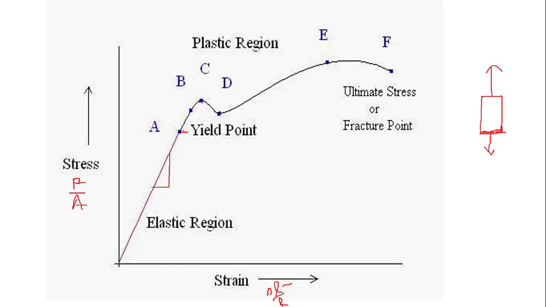A point is the proportional limit, B point is the elastic limit, C point is the upper yield, and then we see a small downward dip. This is the lower yield point, and then if we apply more load, up to point E the object can sustain, then it will break. So E is the ultimate tensile stress, and F is the fracture point. So this is the stress strain diagram. Thank you.